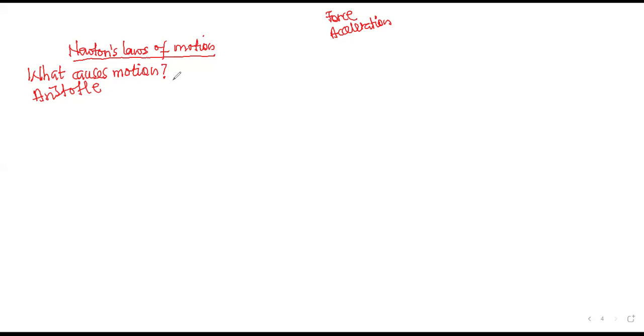The moment the force is taken off, the car will stop. So Aristotle held that a continuous force is needed for a body to move, indirectly saying that when the continuous force is removed, the body comes to a stop.